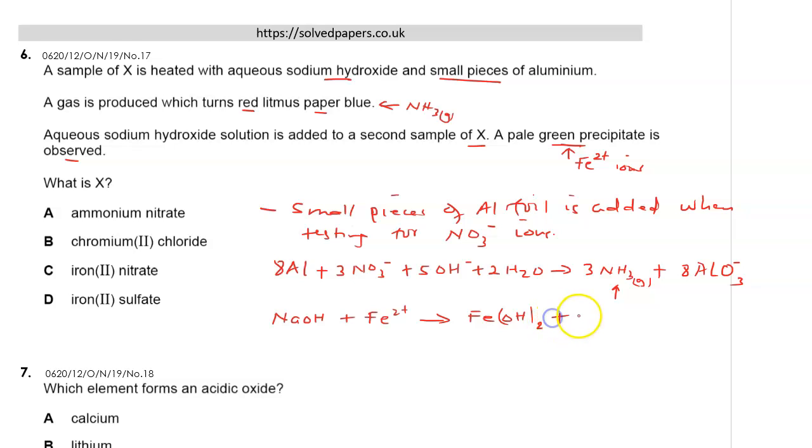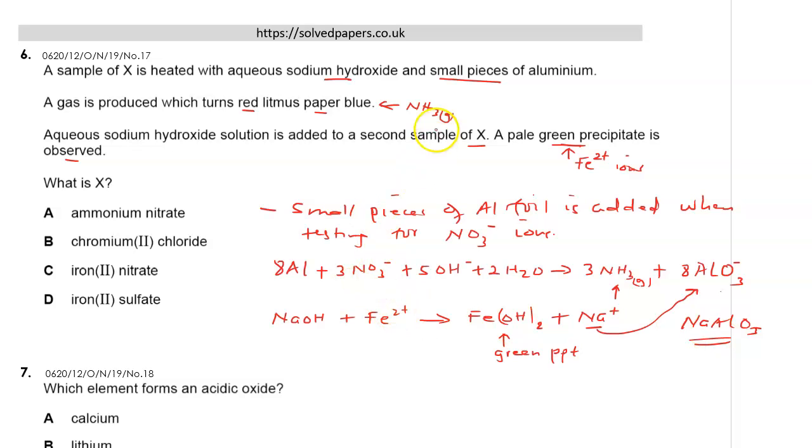And then plus sodium here. Now this here is the green precipitate, PPT. And this sodium ion will combine with the aluminate here, and then what you get is this.